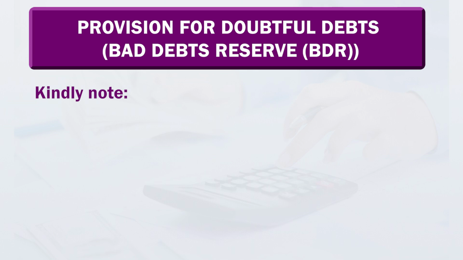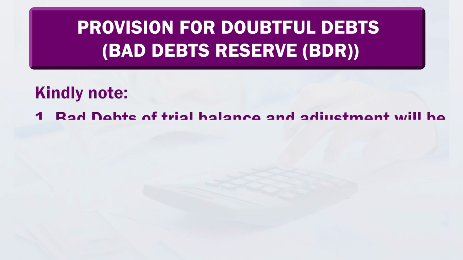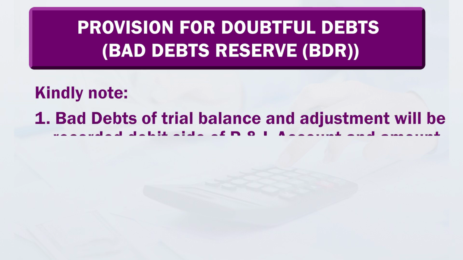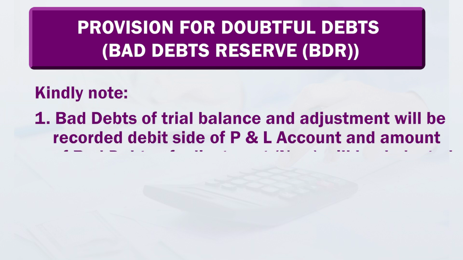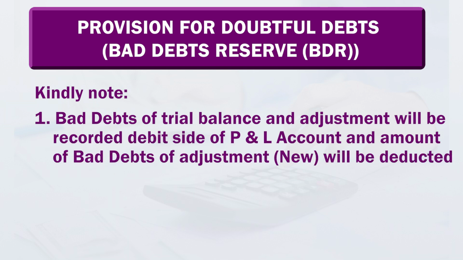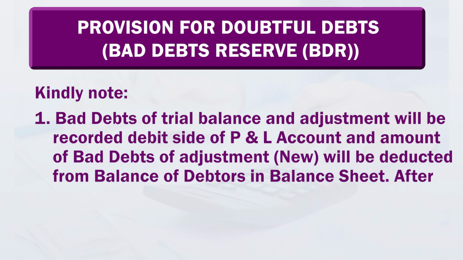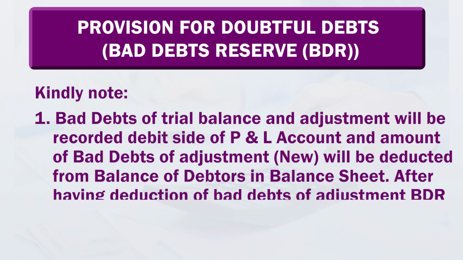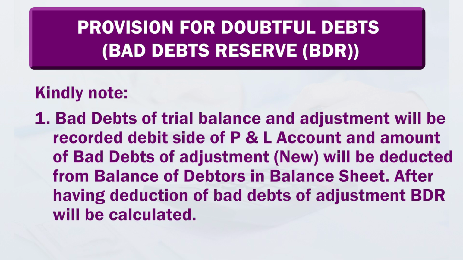Friends, kindly note that bad debts of the trial balance and adjustment will be recorded on the debit side of the profit and loss account, and the amount of new bad debts of adjustment will be deducted from the balance of debtors in the balance sheet. After deducting bad debts of adjustment, BDR will be calculated.